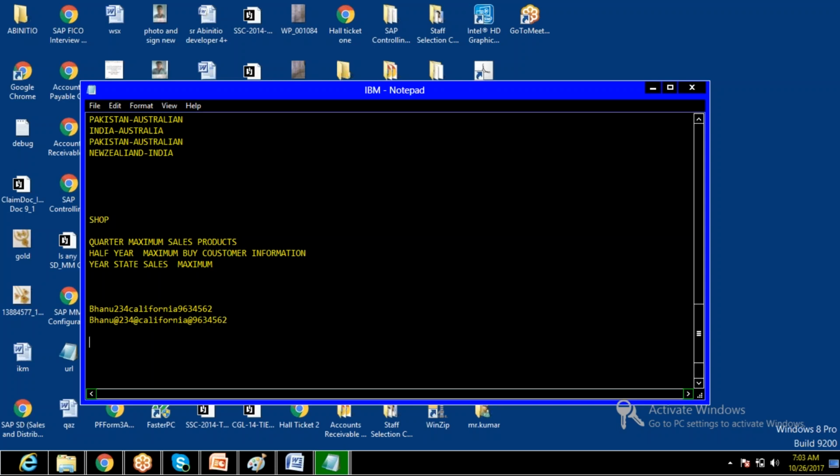If my source system is like this, then it is called fixed length data. How we read this data is based upon the number of characters.